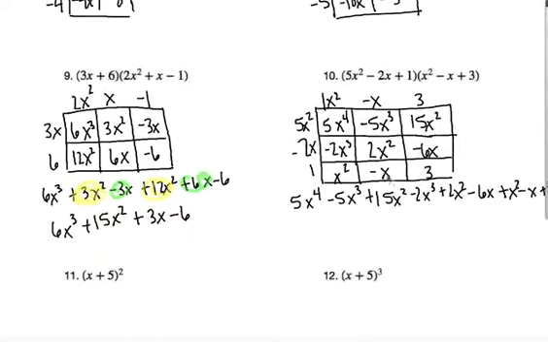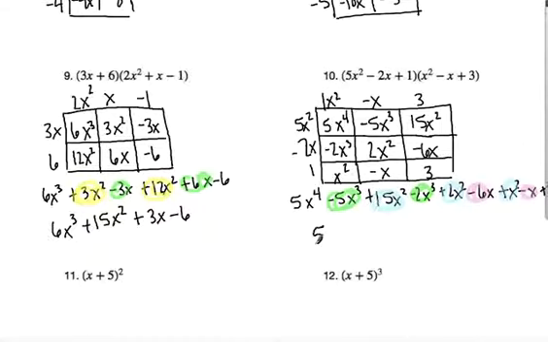Combine your like terms. So you've got a 5x cubed, negative 5x cubed, and a negative 2x cubed. You've got a 15x squared, a positive 2x squared, and an x squared. And then you've got a negative 6x and a negative x.